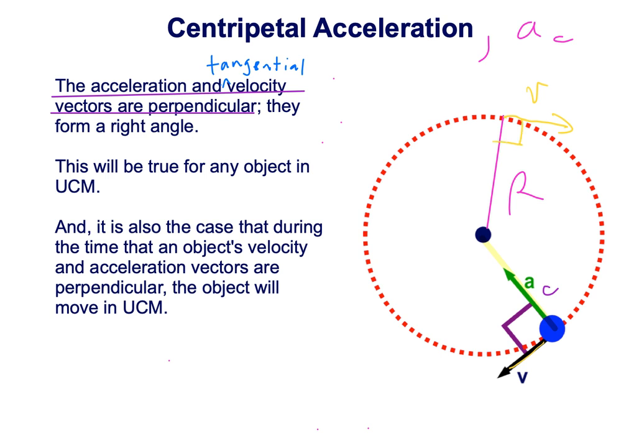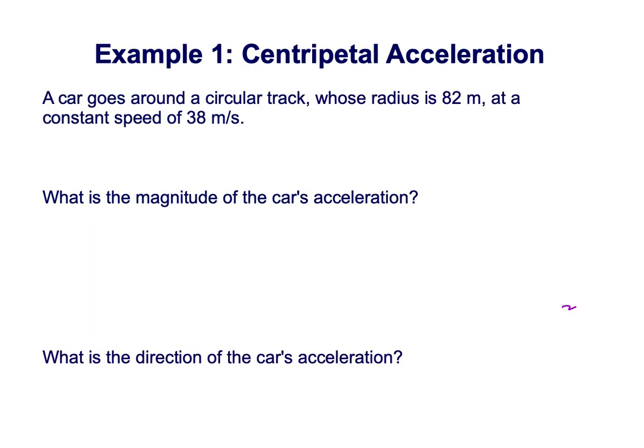So anything that points along the radius, whether it's AC or FC, centripetal force or centripetal acceleration, is perpendicular to the tangential velocity. These are really simple, so I'll just do a few of them. Car goes around a circle track radius. Let's change the color.